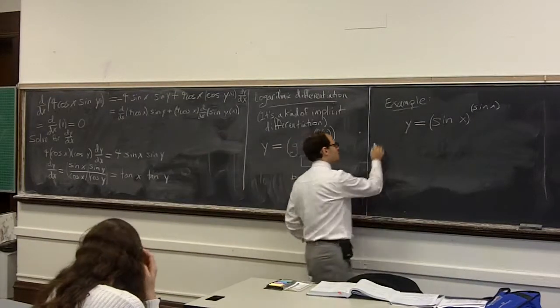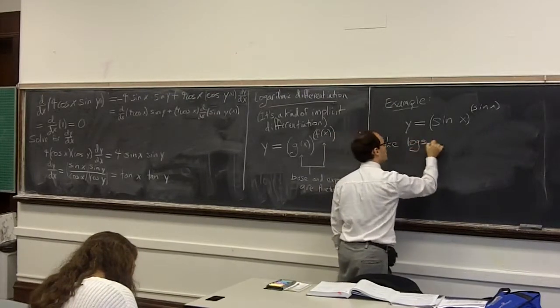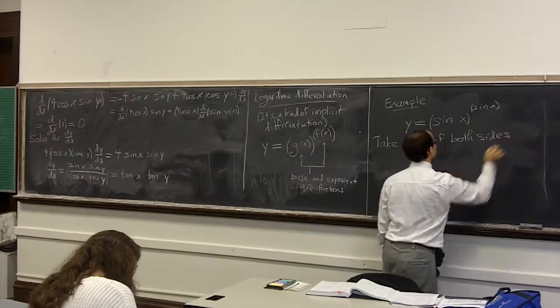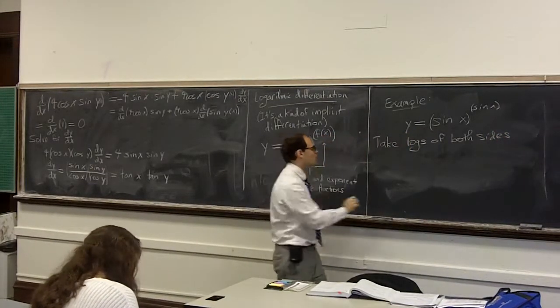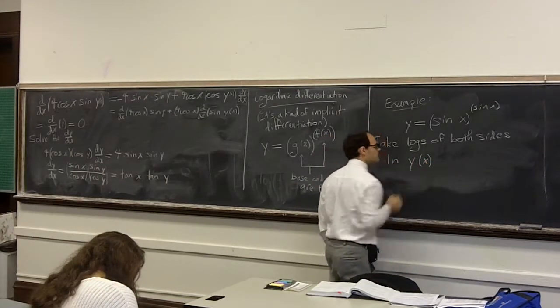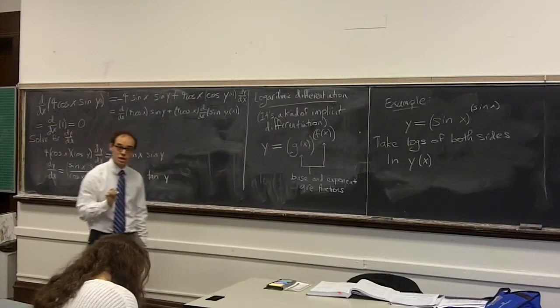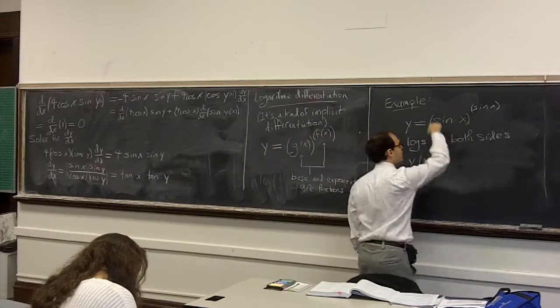So the first step is to take the log of both sides. The left side is easy. That's natural log of y. And just to be perfectly explicit about this, I'm going to write y of x to remind you that this y is a function of x. Now I'm going to take a log of this side too.